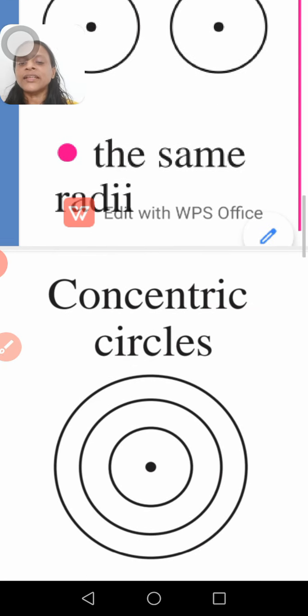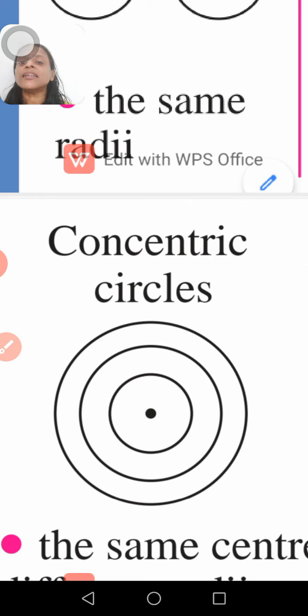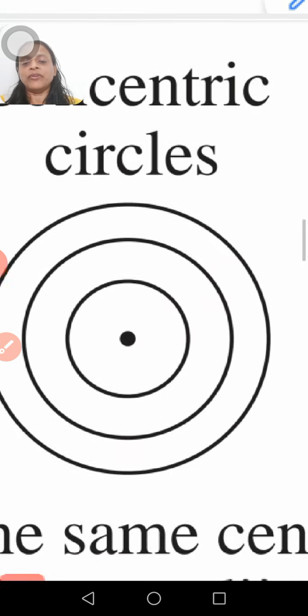Then the next is concentric circle. Concentric means having the same center, but the radius can be different. Here a figure is given.